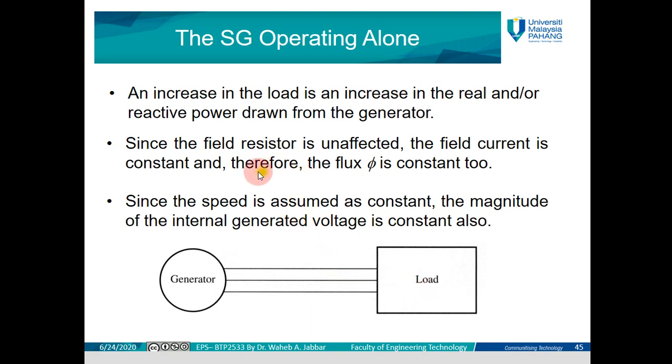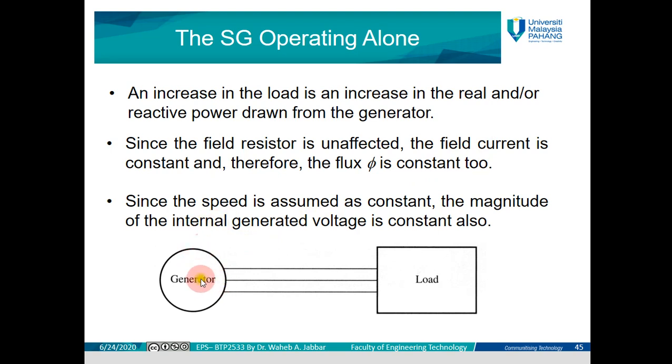When we connect it to the load, the field resistor of the generator will not be changed. So the magnetic flux, or the field current produced in the rotor, the field winding of the synchronous generator, will be constant and unchanged.